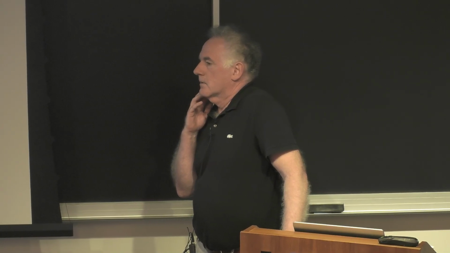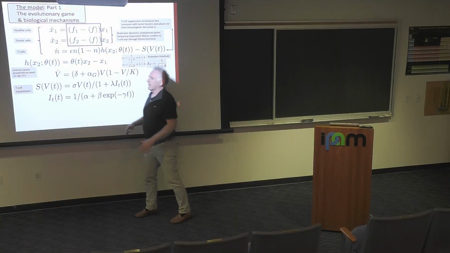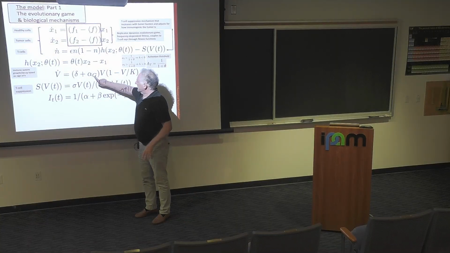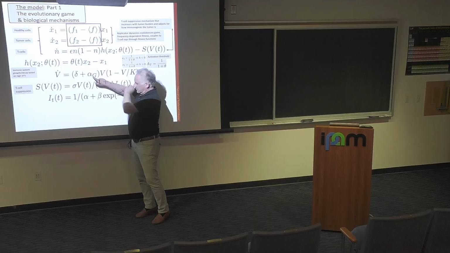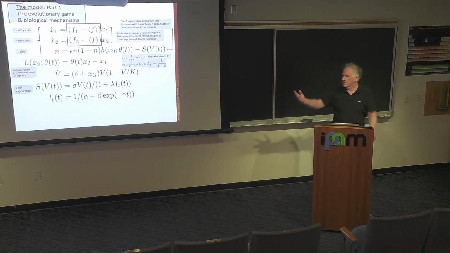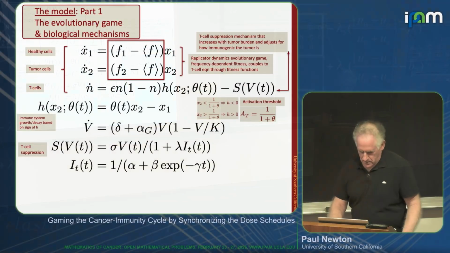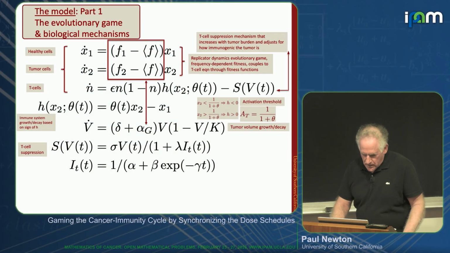I meant to say x2. V should be just x2, right? Yes, you could say it's a function of x2. That's what this is going to be. I'll show you what that is in a minute. That is a model, I'm not saying that wouldn't work. You'll see in a second what we do.